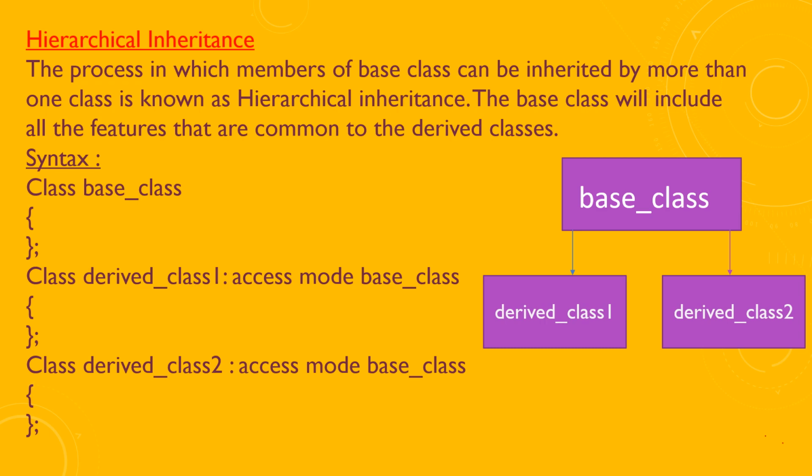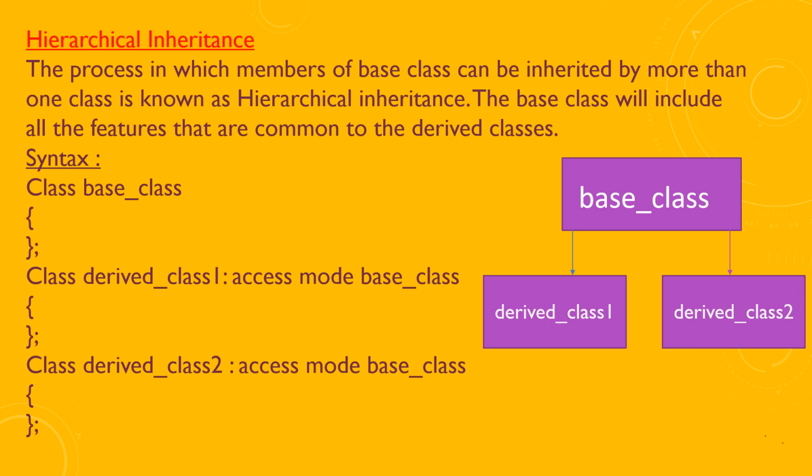And then next we have seen multi-level, in which one base class was there and one derived class was there, and from the derived class again one new derived class was there. Okay, so now finally we are going to see what is happening in hierarchical inheritance.